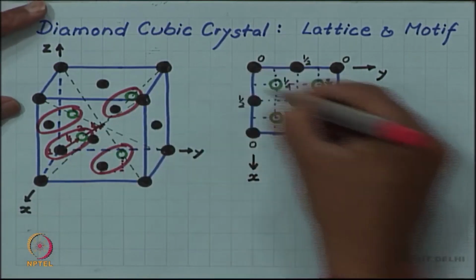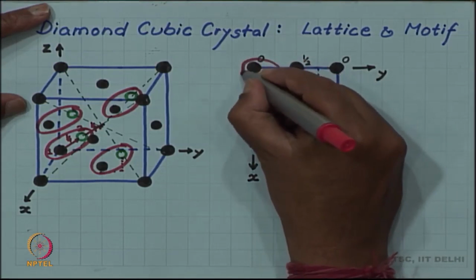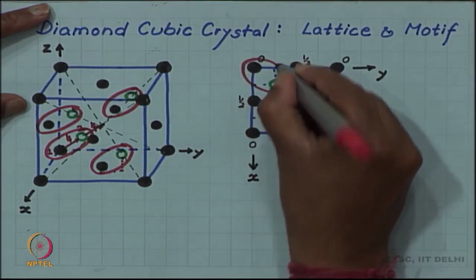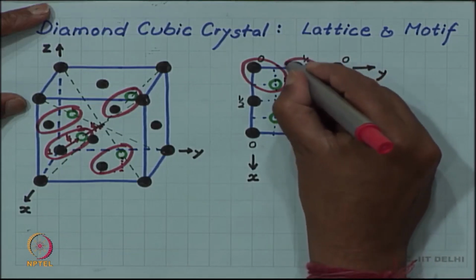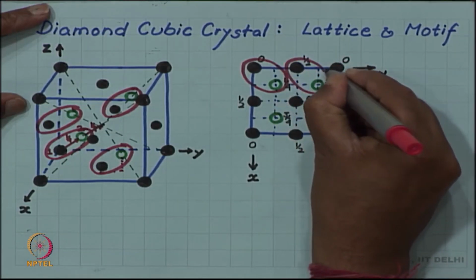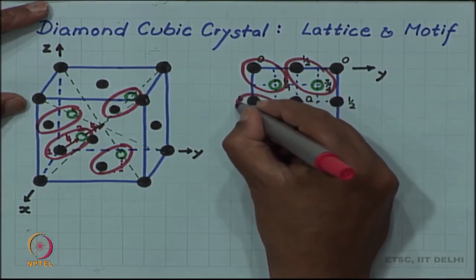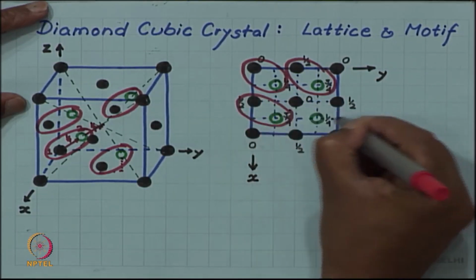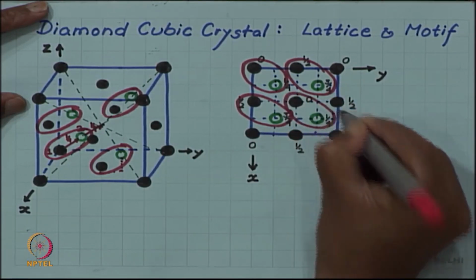It is probably easier to see in the projection that this 1/4 atom is associated with that lattice point, this 3/4 atom is associated with this face center at the back, this 3/4 is associated with the face center at the left, and this 1/4 is associated with the face center at the bottom.